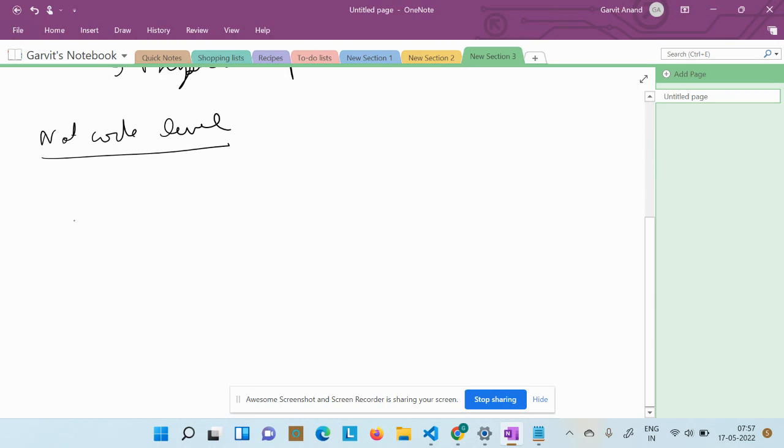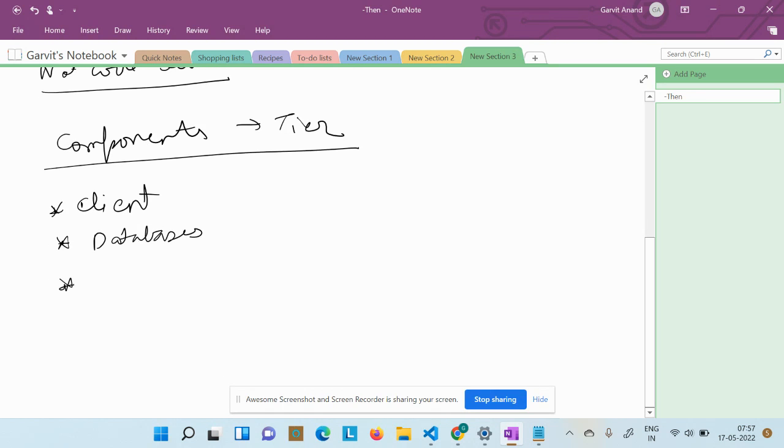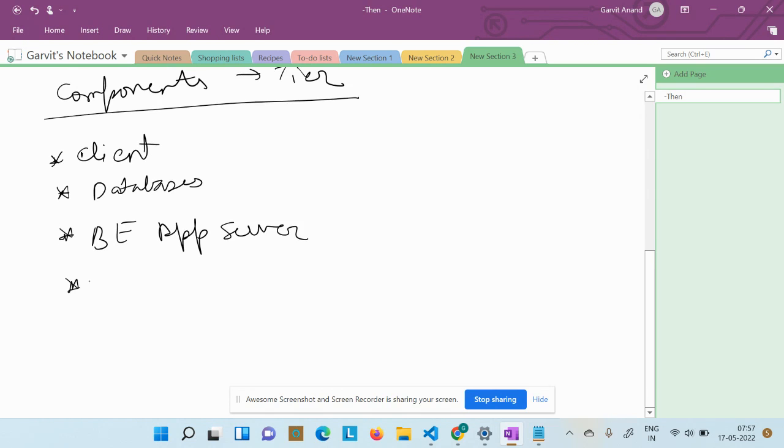And what are the various components? When we are discussing a tier, we'll discuss what the different components are. Different components can be your client, your databases, your back end application server, your caching mechanism, and your loggers.